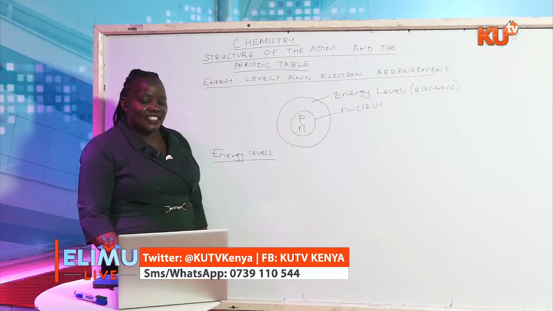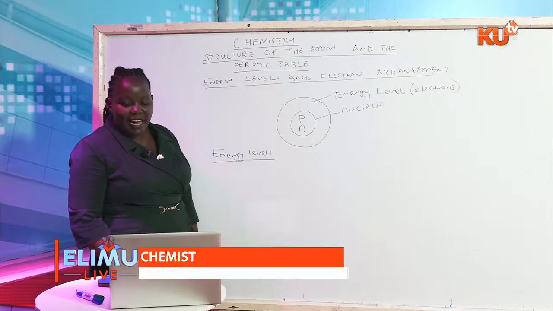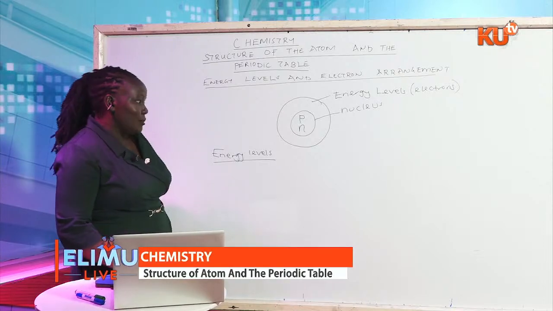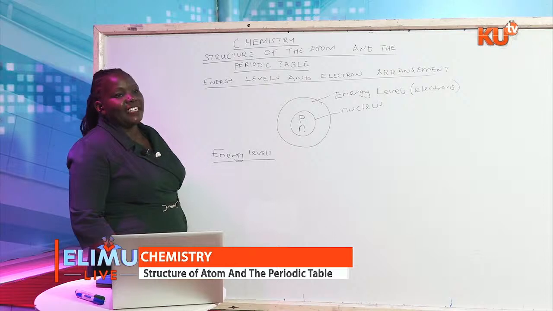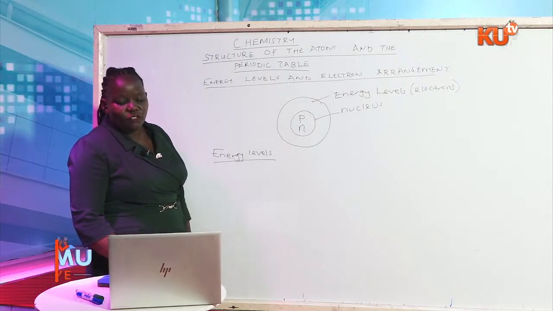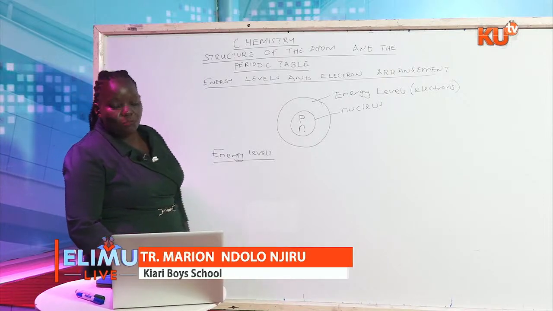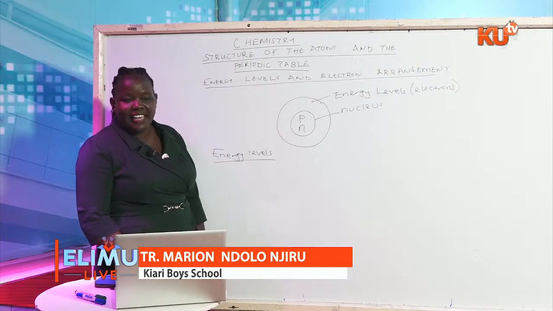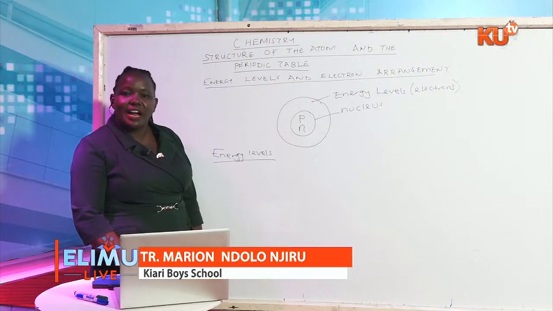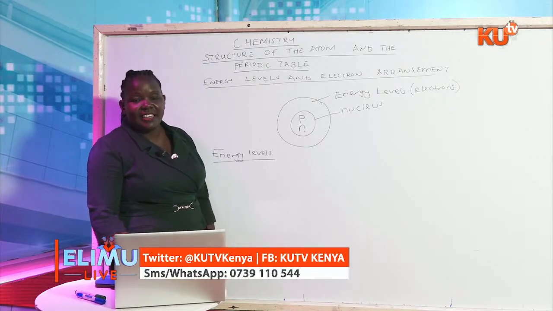Then the third energy level. The maximum number of electrons carried by the third energy level will depend on whether the element you're dealing with is among the first 20 elements. If it is, the third energy level will accommodate a maximum of 8 electrons.